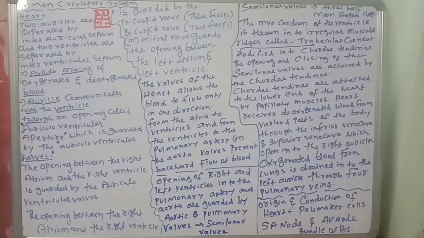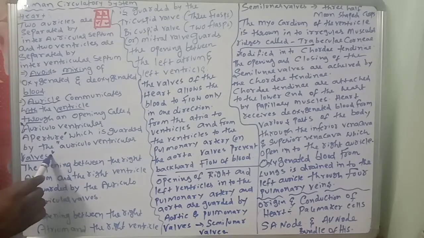The opening between the right atrium and the right ventricle is guarded by the auriculoventricular valves. Another important one: the auriculoventricular aperture is guarded by the auriculoventricular valves.